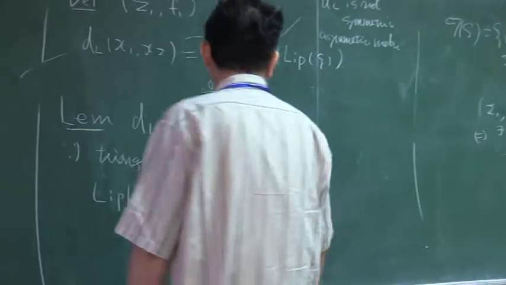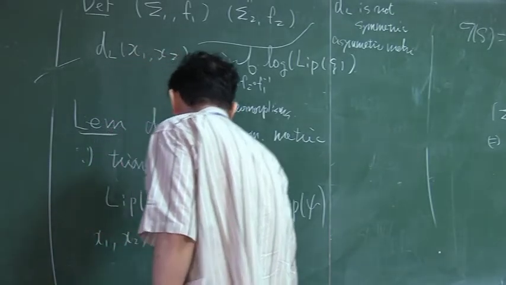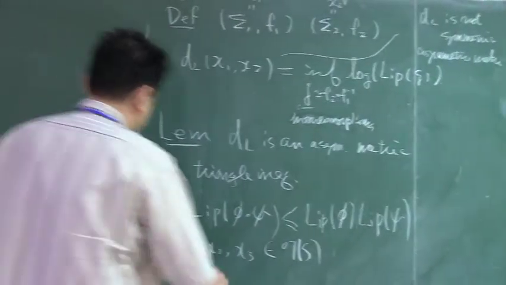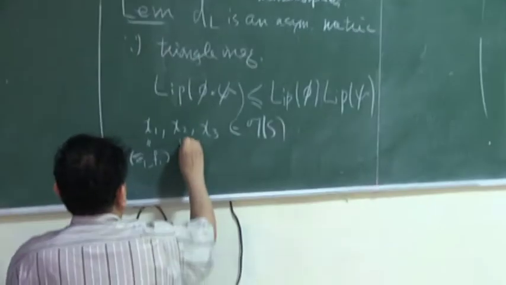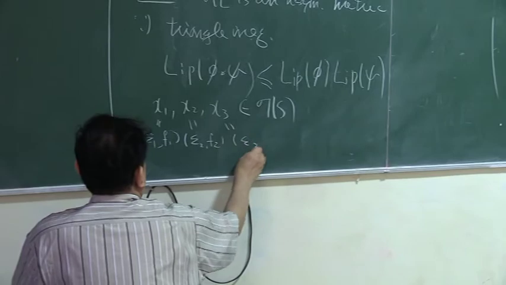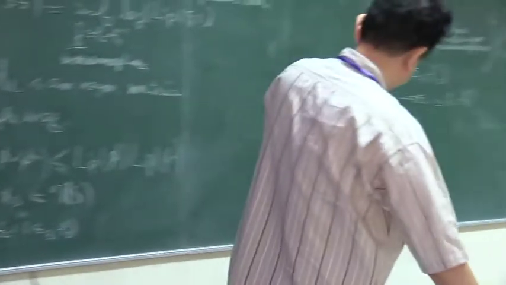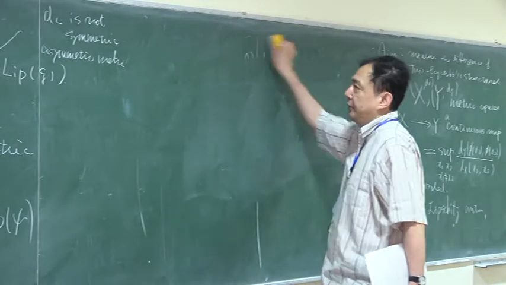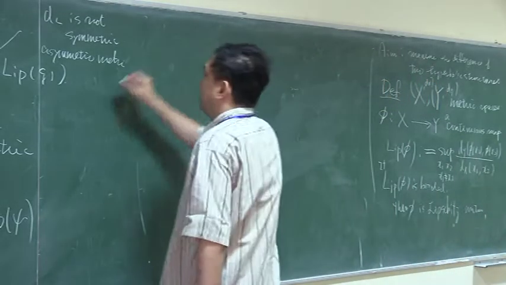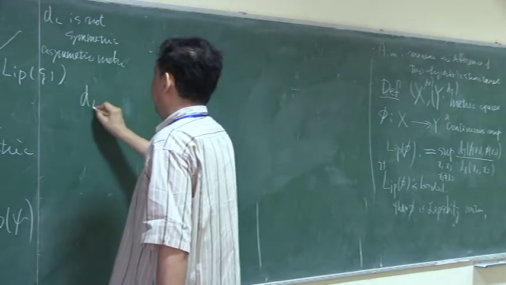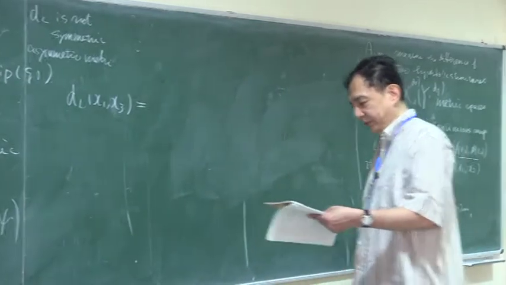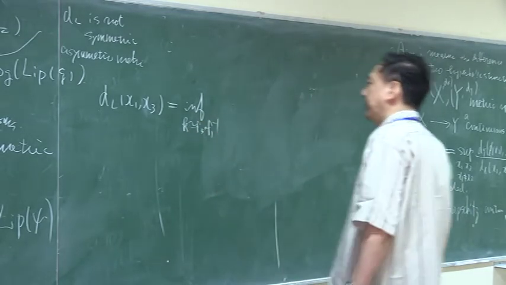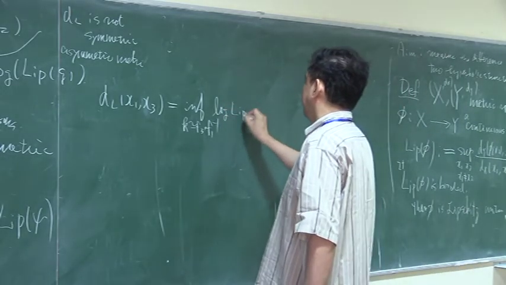And from there, if you have three points in a Teichmüller space, then the distance between x1 and x3 is by definition the infimum over k, homotopic to the map from sigma 1 to sigma 3, of log Lipschitz k.